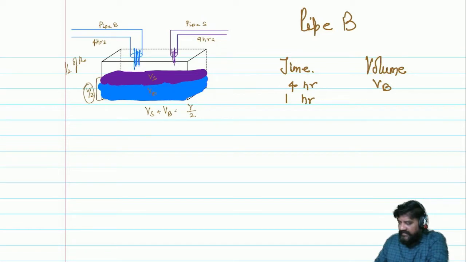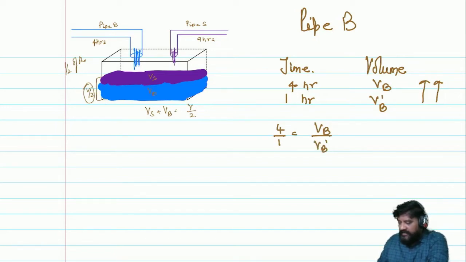Let us say the amount of water that's been filled for 1 hour is VB1. Because as and when the time increases, the amount of water that flows out of the pipe also increases. This is in direct proportion, and therefore 4 by 1 will be equal to VB by VB1.